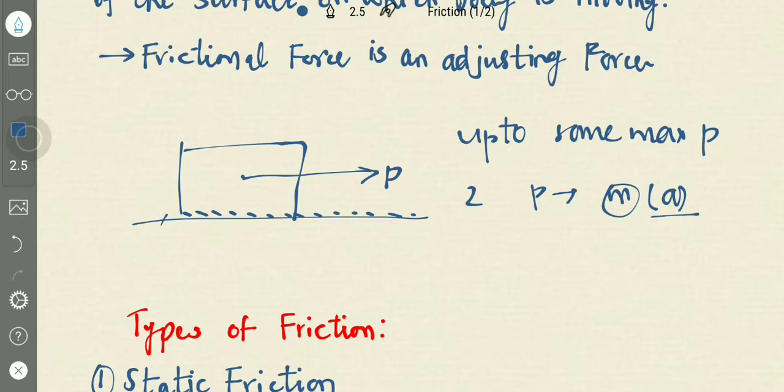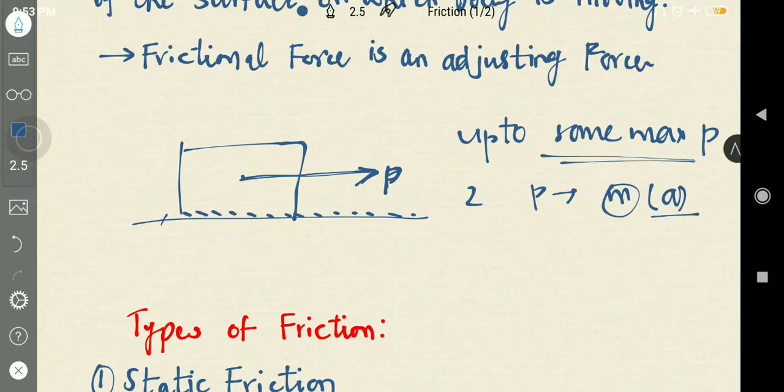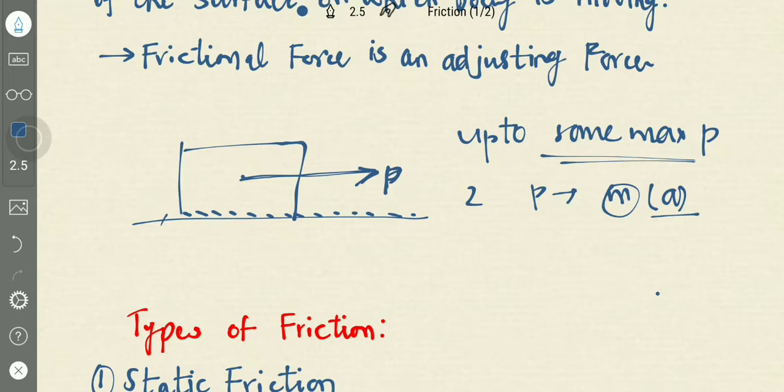But in reality, if a force is applied, this body is not moving up to some maximum value P. So why is it not moving? Because a resistive force of the surface is applied on this body, and that resistive force is called frictional force.